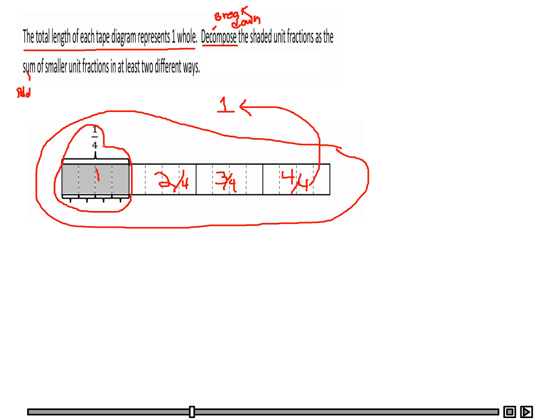And as you can see at the bottom, we have smaller brackets. So this bracket shows that this is 1 out of 4. So we're going to break this into smaller units.